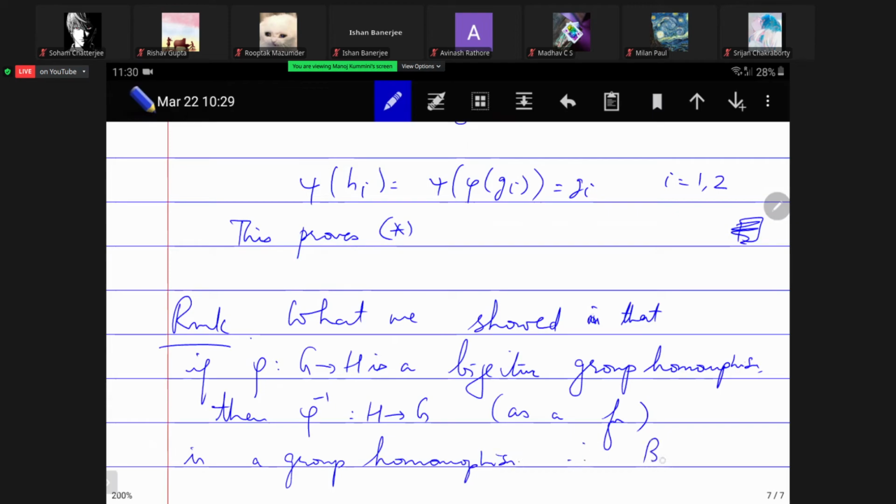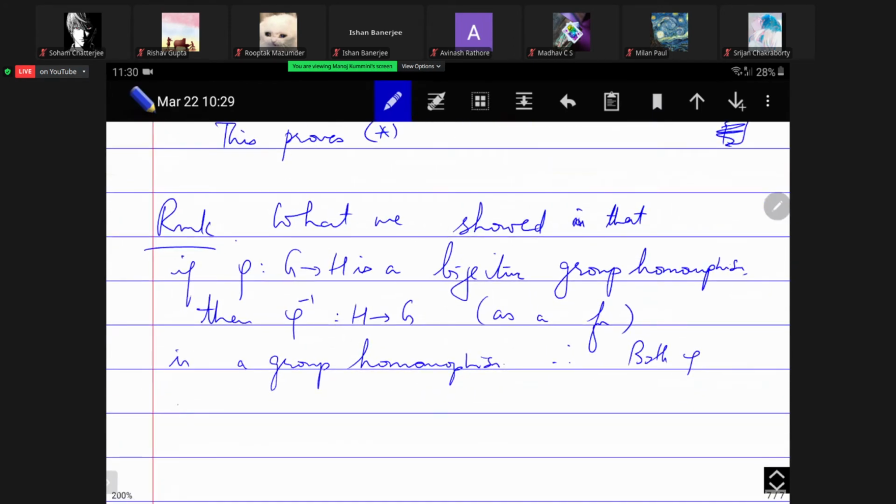Therefore, both phi and phi inverse are group isomorphisms.